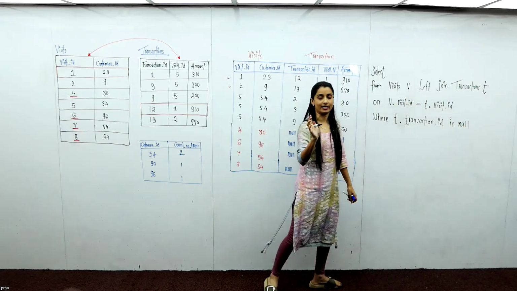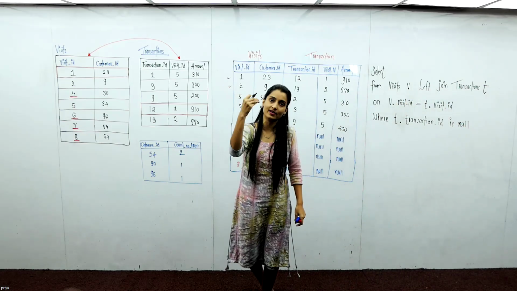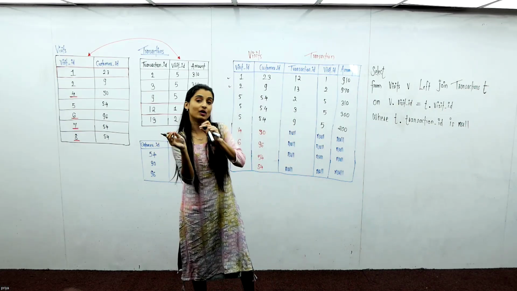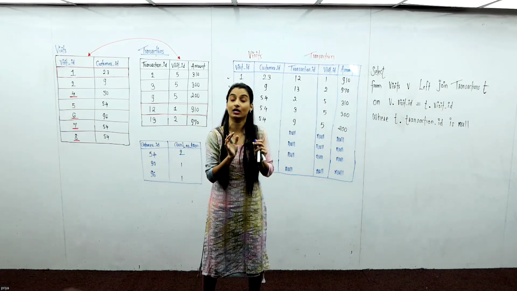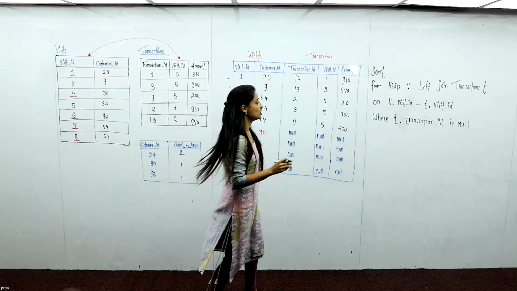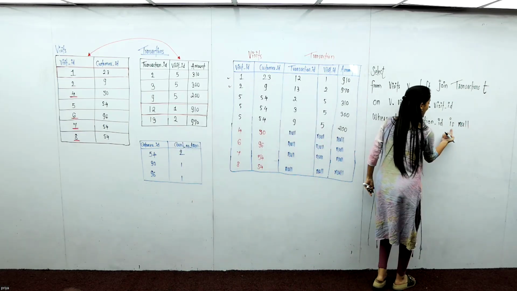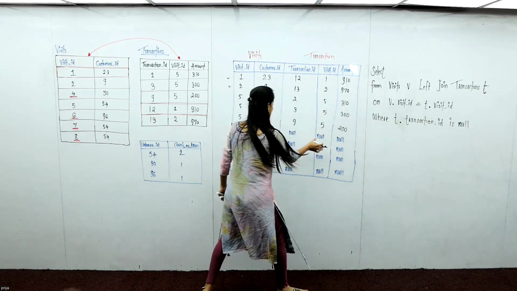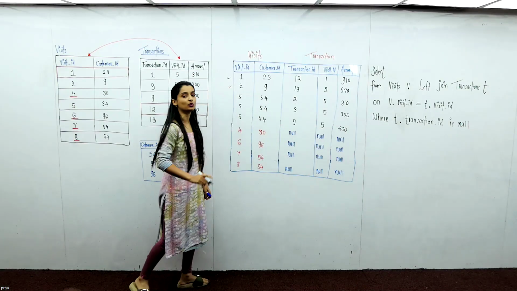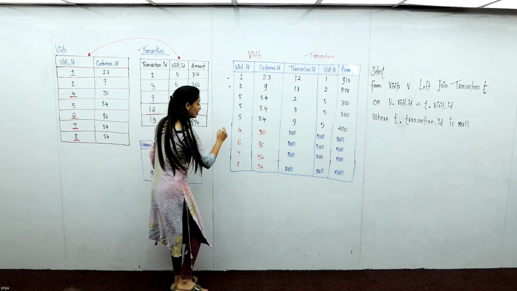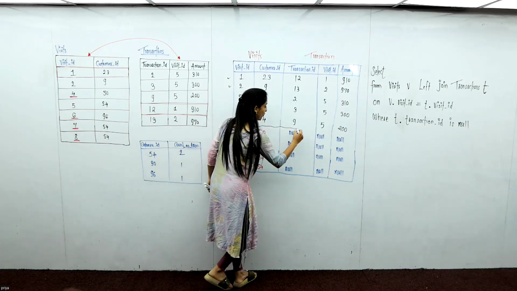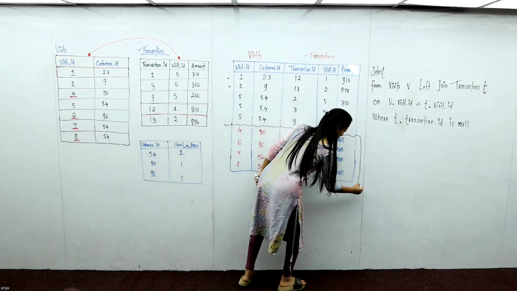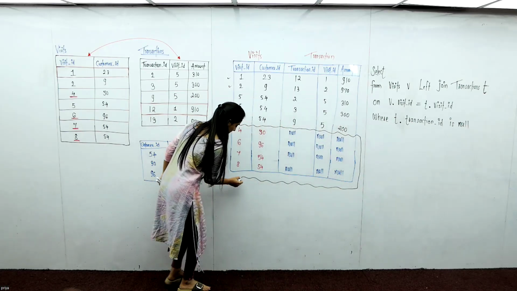Equal to null will always return null. We cannot compare one null value with another null value in MySQL. That's why I have written the is null operator. So wherever transaction ID is null, you return only those records. Now your DBMS will target only this part of the records.